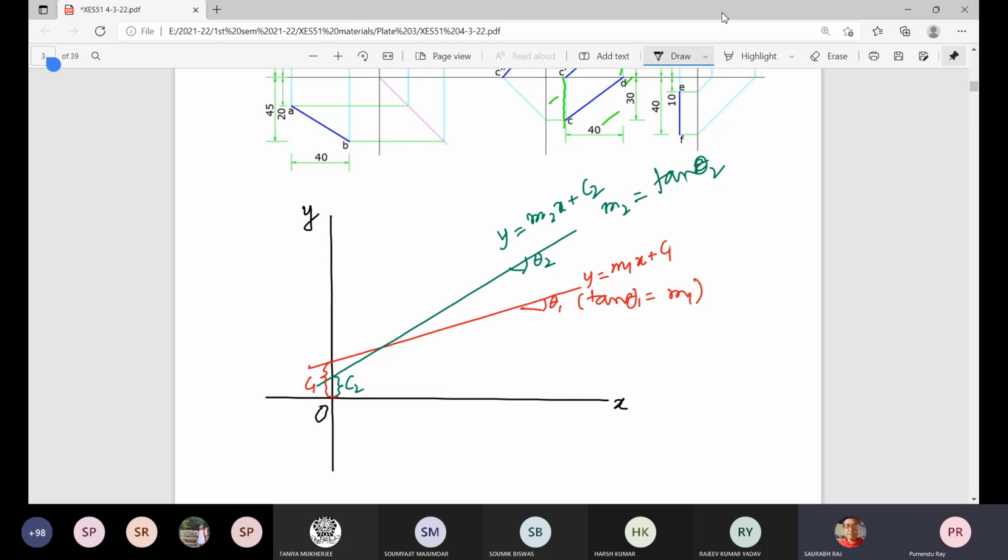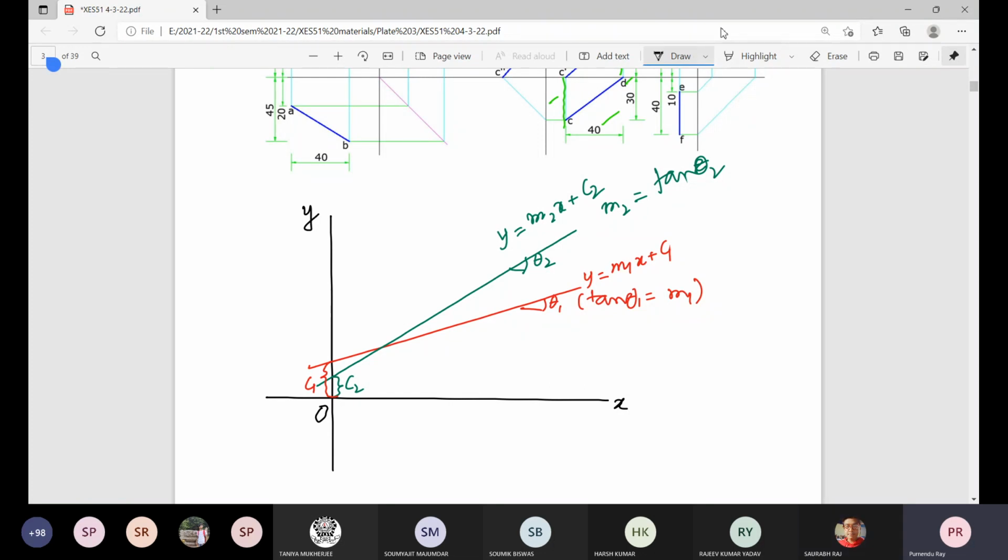We have two lines. This red line has y-axis positive intercept c1. The angle with the x-axis is θ1, tan θ1 is equal to m1, and we write it in this form, y is equal to m1x plus c1. And the green line, in a similar way, is m2x plus c2. Now, what about the point of intersection?